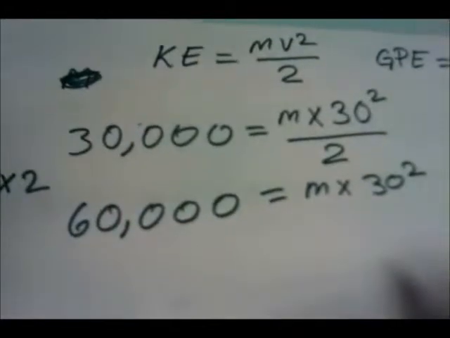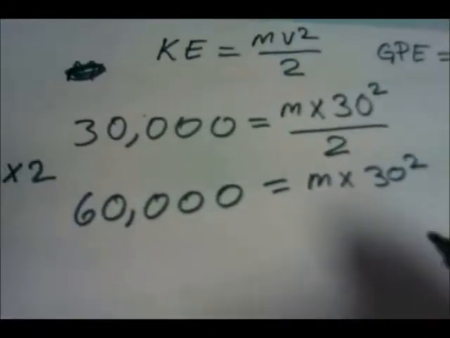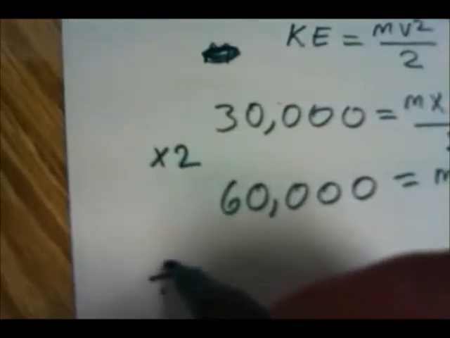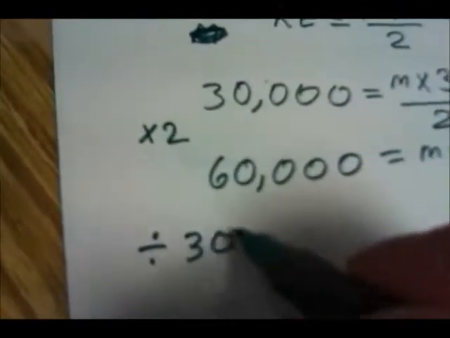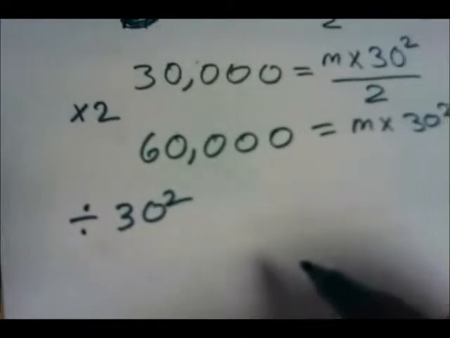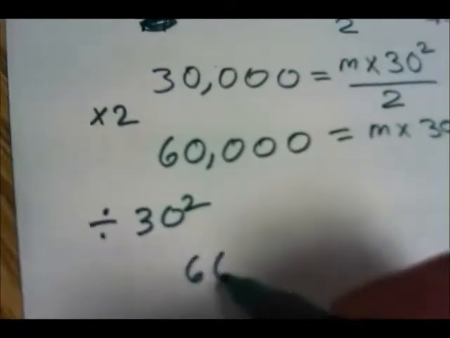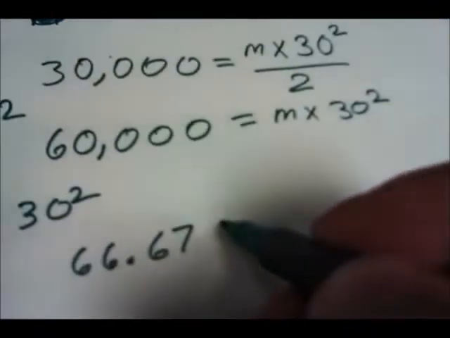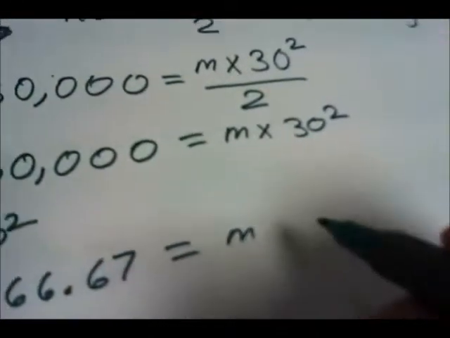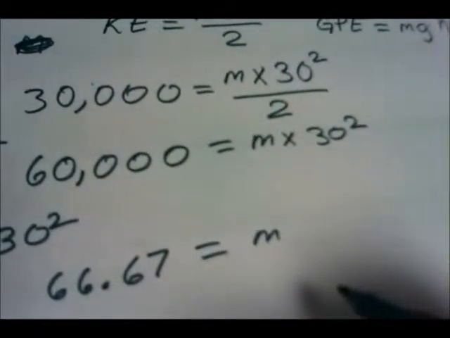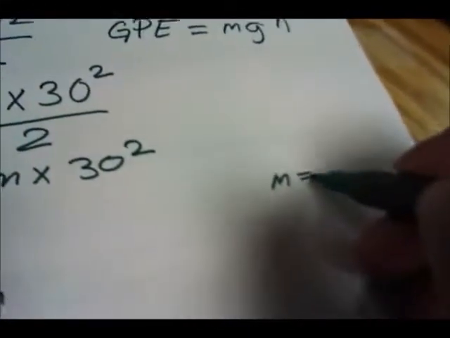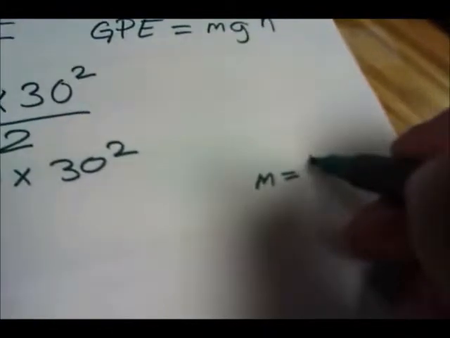Our next step is to divide both sides by 30 squared. When we do that, we get 66.6, and it goes on and on. M is our mass in kilograms.